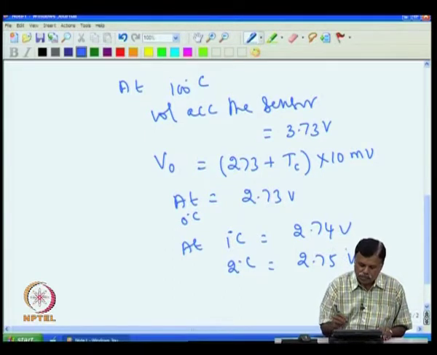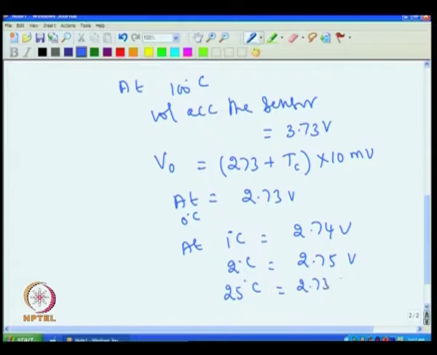At room temperature, for example 25 degree C, I will get 2.73 plus 0.25 volts, that will give me 2.98 volt.